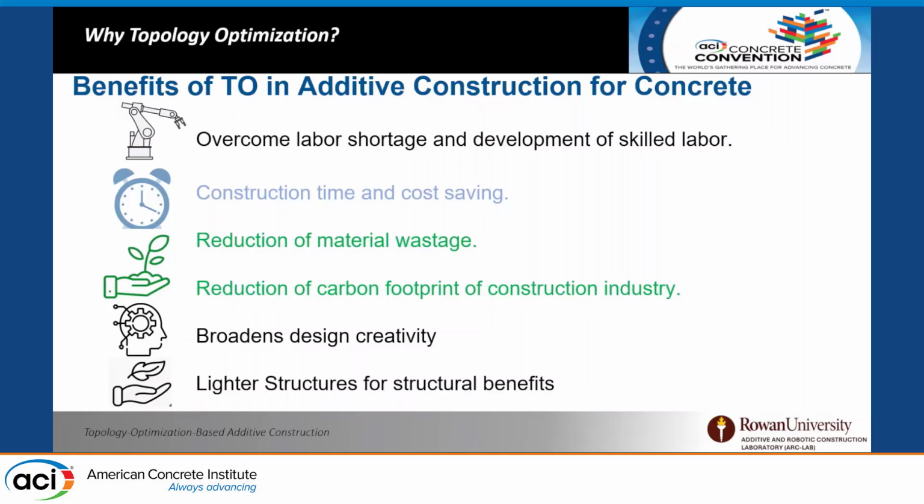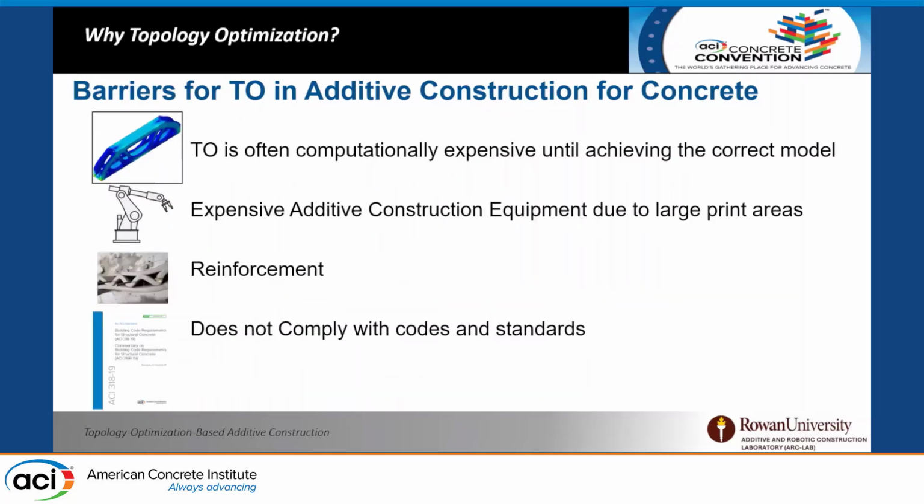So the combination of topology optimization and additive construction allows us to think about pre-construction sustainability rather than just how the waste or end-of-life structural components can be reused. And so topology optimization and additive manufacturing allows for the freedom of design, and obviously, again, it results in lighter structures.